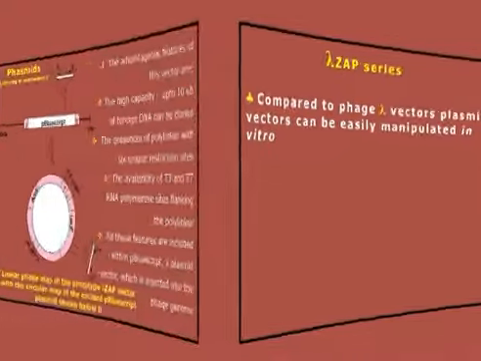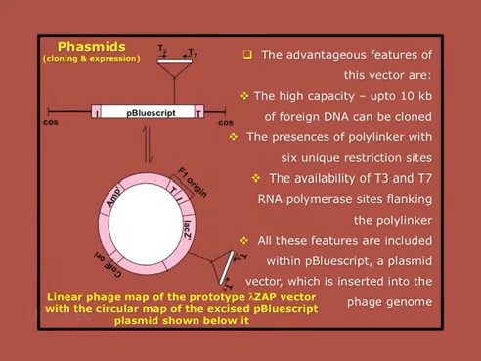What is so good about this is that pBluescript is a plasmid which is introduced in between the bacteriophage genome. A high capacity of 10 kb of foreign DNA can be cloned inside it, and a polylinker with 6 unique restriction endonuclease sites is present.